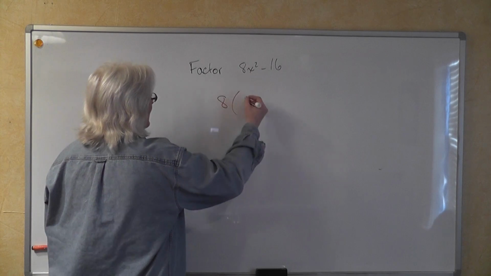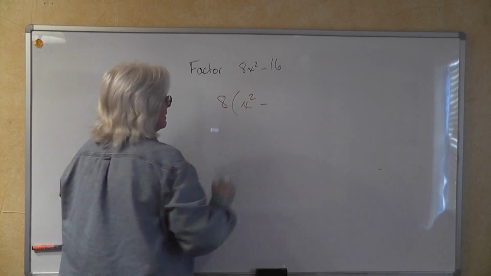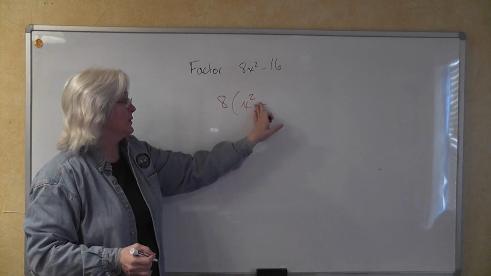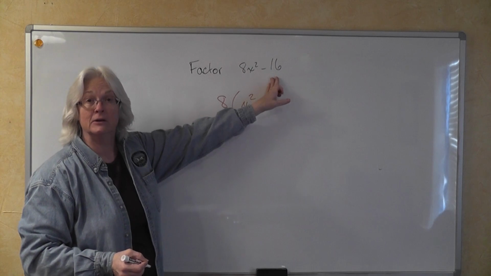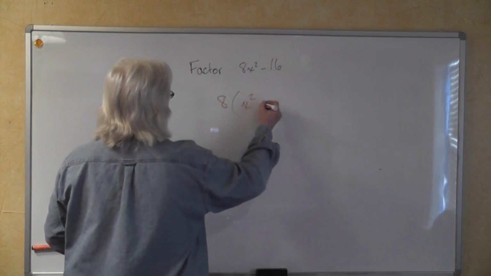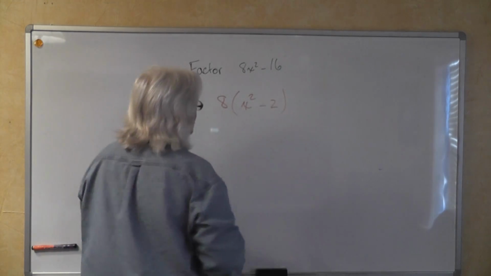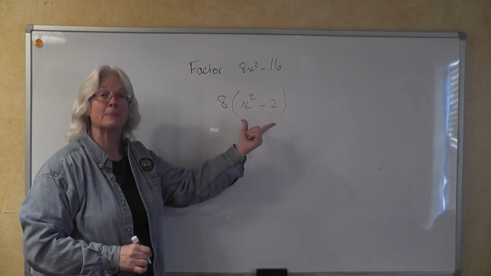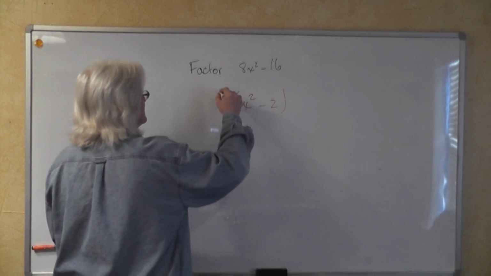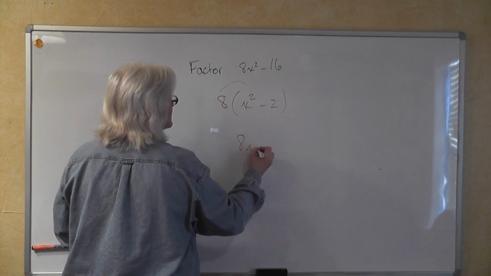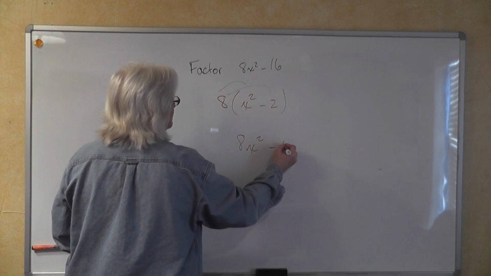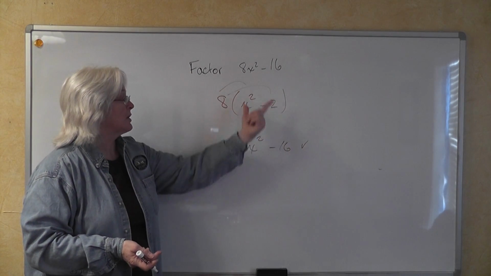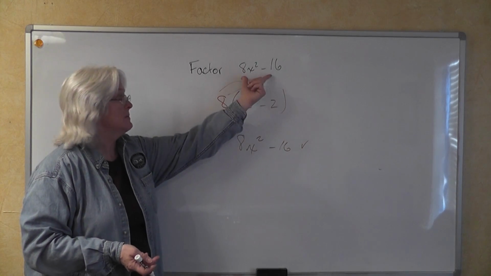Well, 8 times x squared gives me 8x squared. 8 times what is going to give me a negative 16? 8 times a negative 2 gives me a negative 16. So that's how we ended up with 8 times the quantity x squared minus 2. And again, this is very easy to check. 8 times x squared is 8x squared. 8 times a negative 2 is a negative 16, and you verified that you properly factored this binomial.